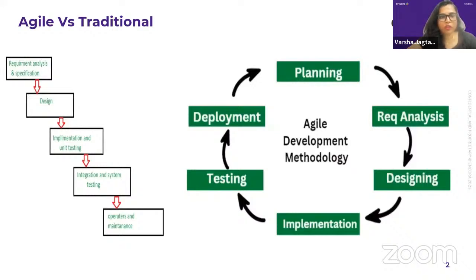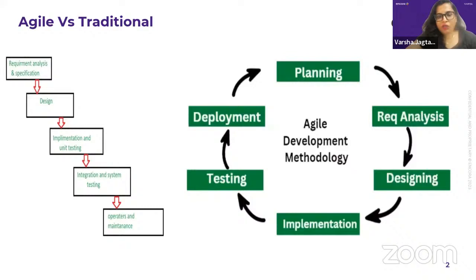So this is already the third phase and a considerable amount of work is done. Then we have integration, where everybody was working in their own silo, and then they combine their different modules, integrating and testing them.